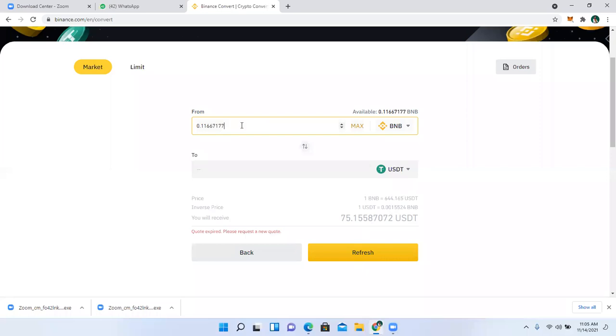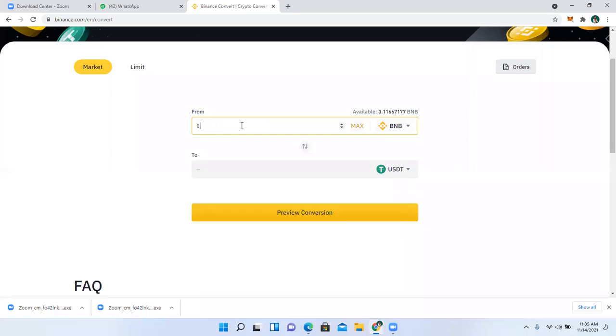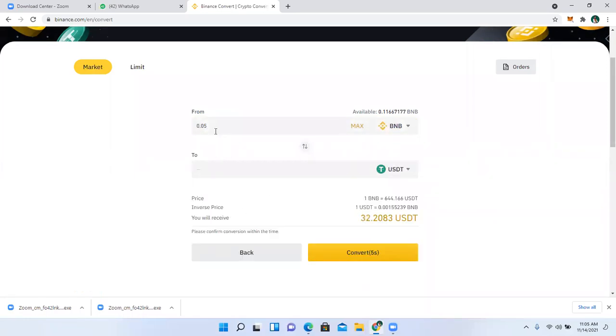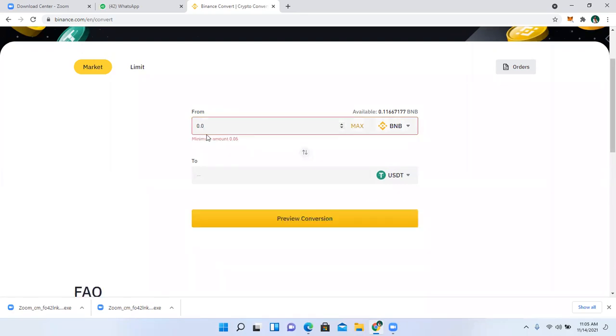So let me see if I can convert something. Let's say 0.05, I'll get how much? It's $2. No, it's too much. Let me use 0.02, preview conversion. I'll get, I think, $20 or so. Yeah, what happens?